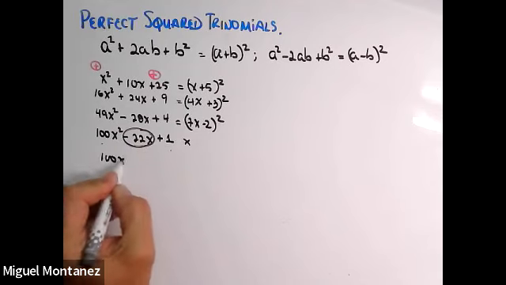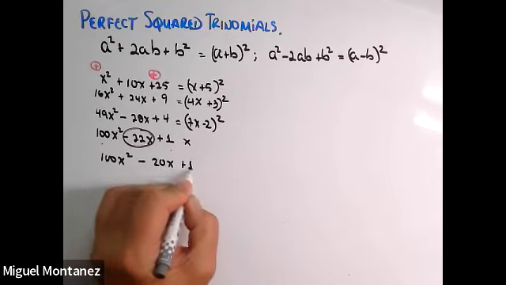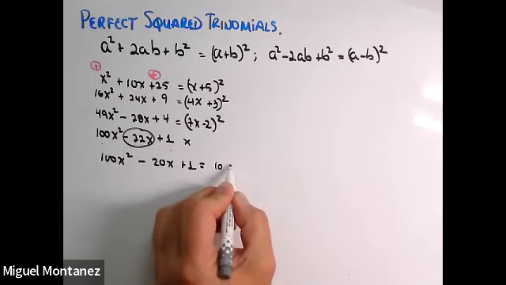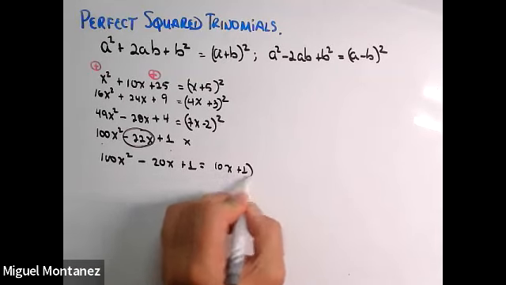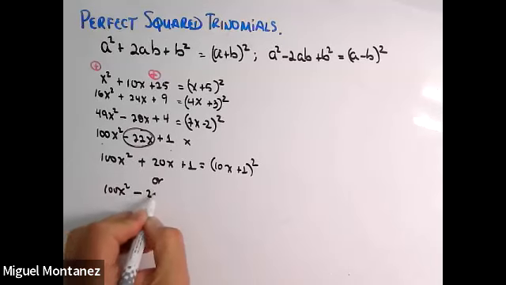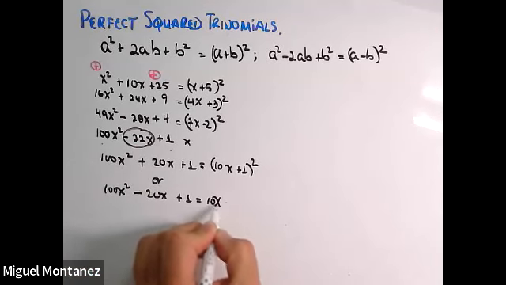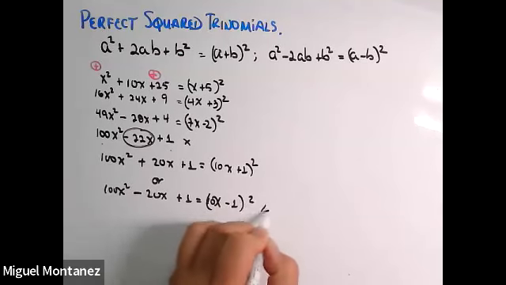So it would be 100x squared plus 20x plus 1, which factors as (10x plus 1) squared, or 100x squared minus 20x plus 1, which is (10x minus 1) squared.